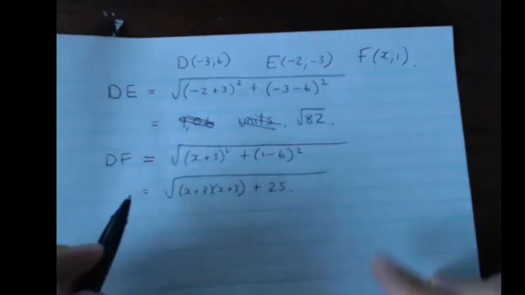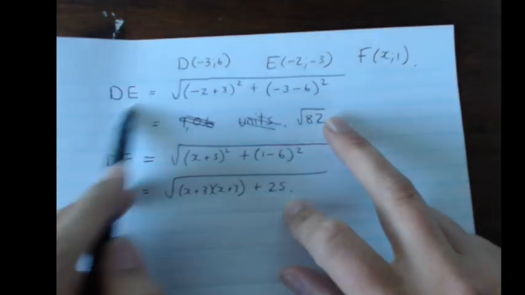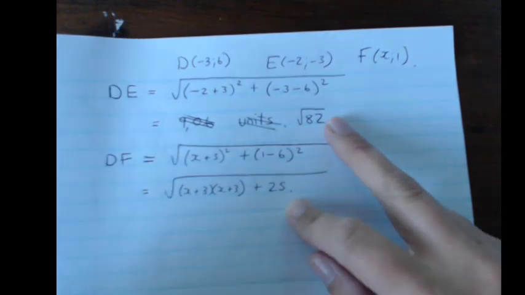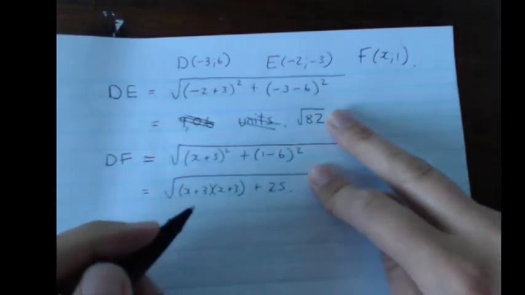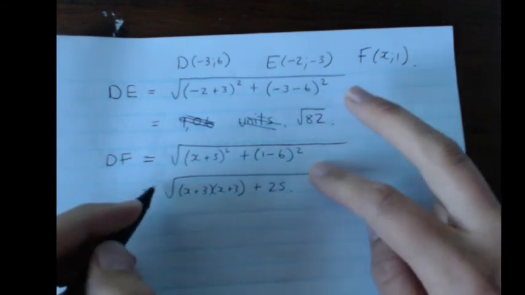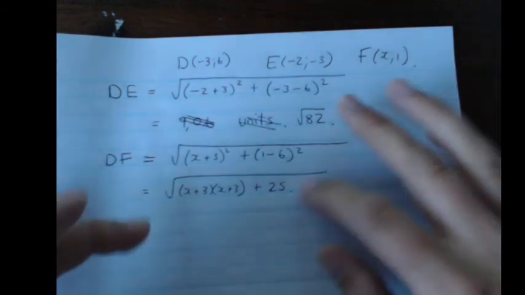Right, root 82. So I'm going to make these two things equal to one another, since it's given information that DE is equal to DF. And yet again, there's roots on both, so I don't need to write the roots. If there's only a root on one, yes, you need to write it then and square both sides.